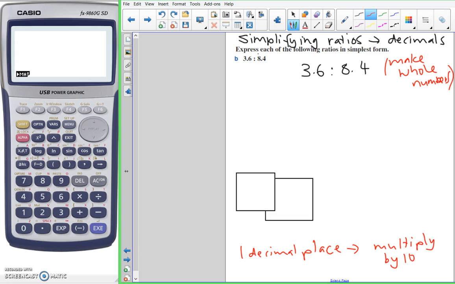Okay, so if you've got 1 decimal place, it's by 10, 2 decimal places is 100, 3 decimal places is 1,000. So what we need to do is multiply that one by 10, that one by 10.